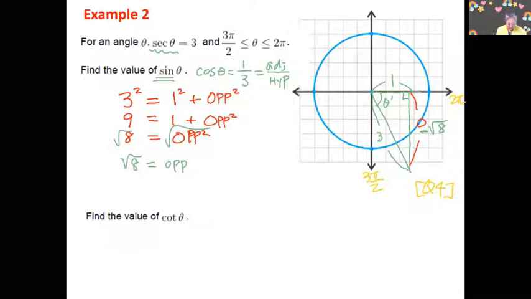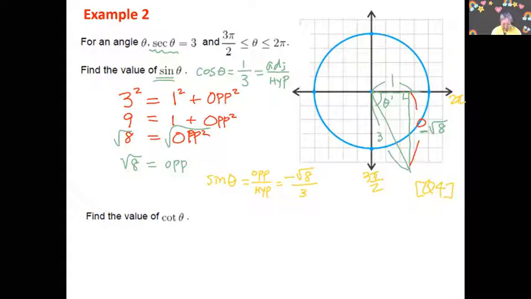So it's a negative square root of 8. Then sine of that angle, no problem. It's opposite over hypotenuse, opposite negative radical 8, hypotenuse 3.